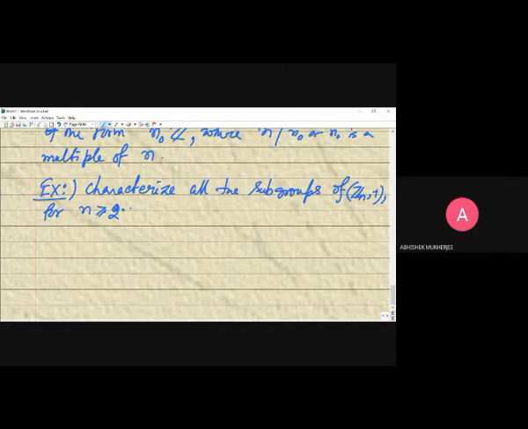Okay, so the remark is that for a group G, suppose we are considering non-trivial groups. Whenever we are talking about groups, we are considering non-trivial groups; we do not consider the trivial case. Okay.